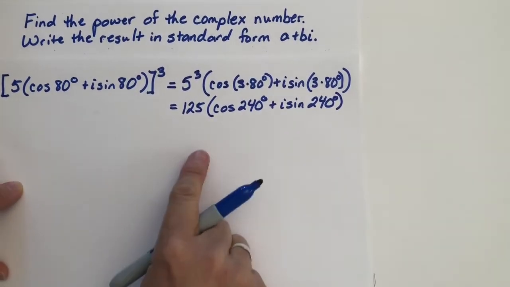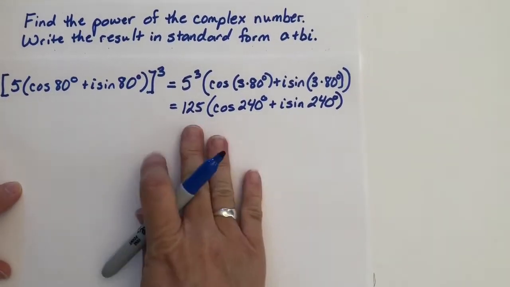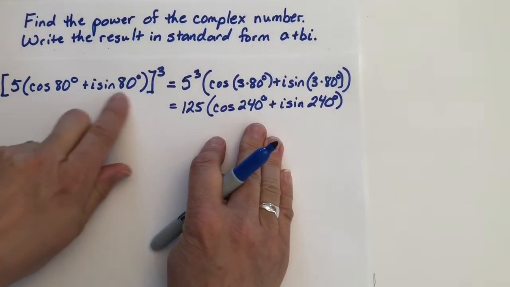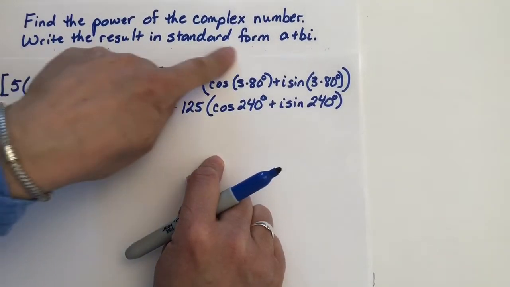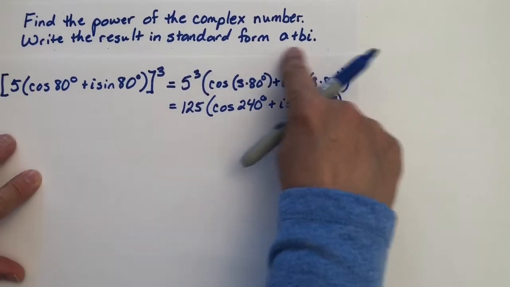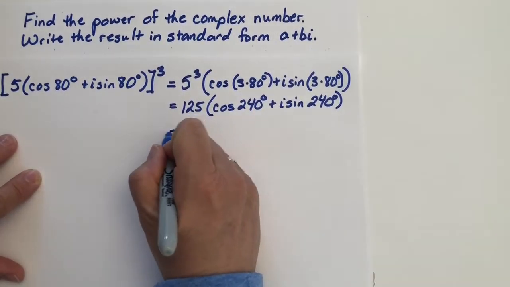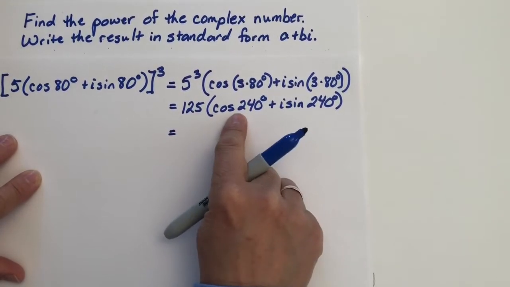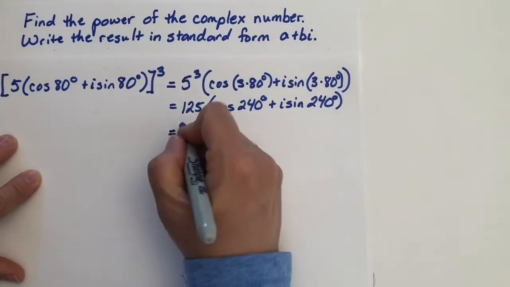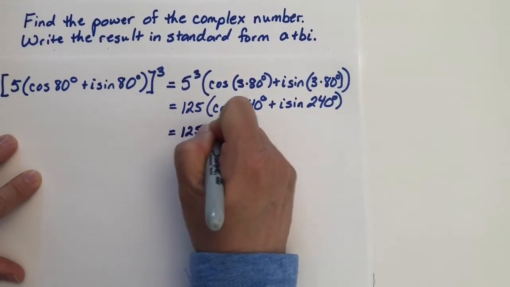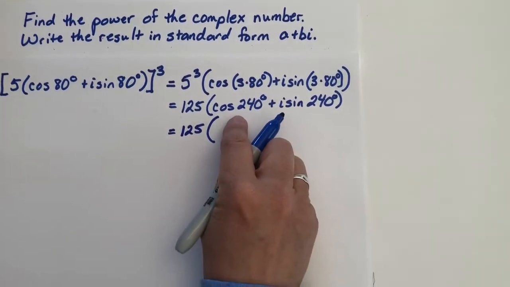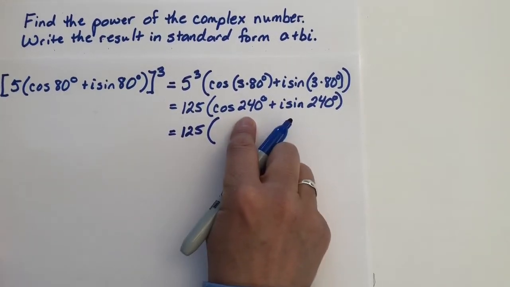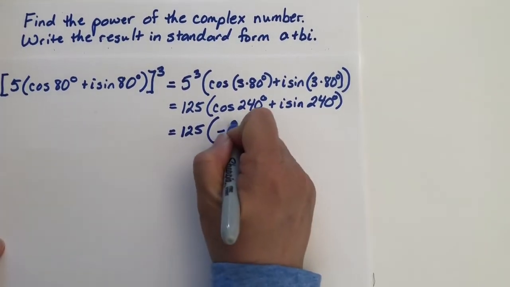And if we were asked for the answer in trig form, we would be done. We have just raised this number to the 3rd power. But these directions ask us to write it in standard form, this a plus bi form. So let's continue. We're going to simplify this by substituting in its value. Cosine of 240 degrees, we're in the third quadrant, so we would have negative 1/2.